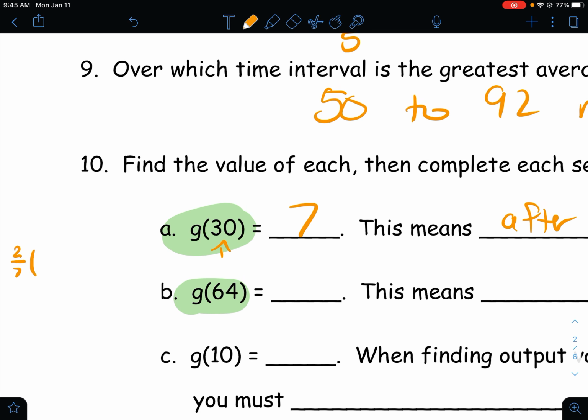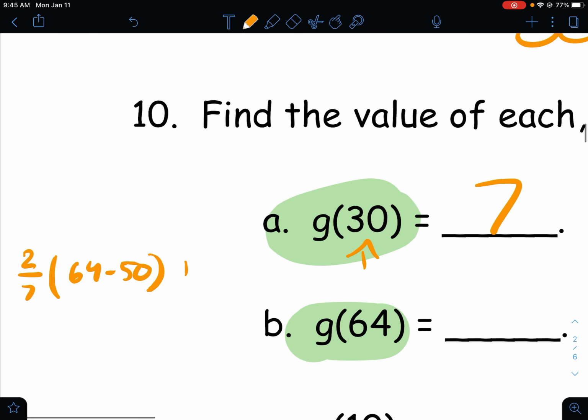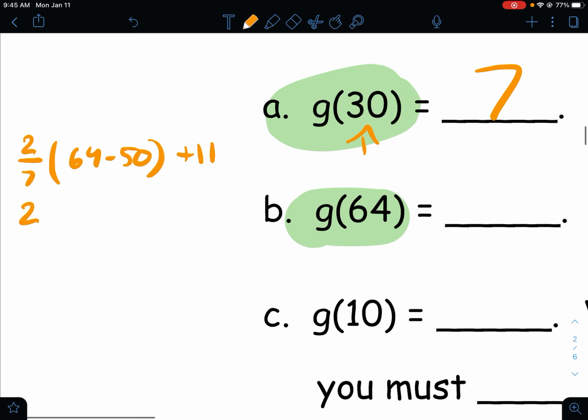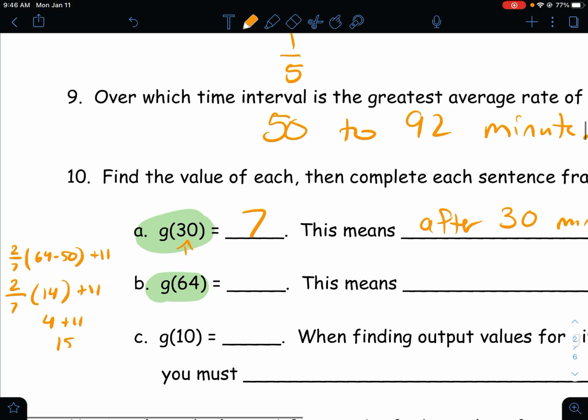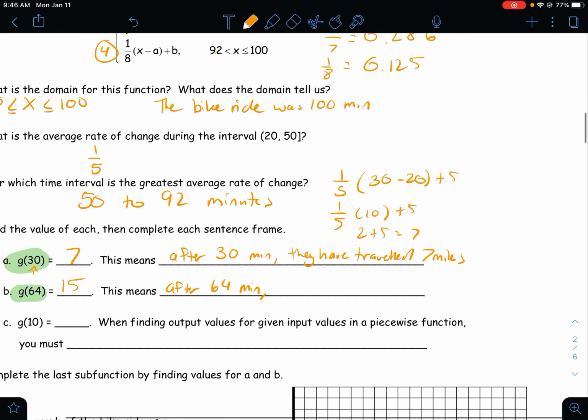We've got 2/7 times 64 minus 50, and it is plus 11. So we've got 2/7 times 14 plus 11, which is going to give us 4 plus 11, which will give us 15. So this means after 64 minutes, they have traveled 15 miles.